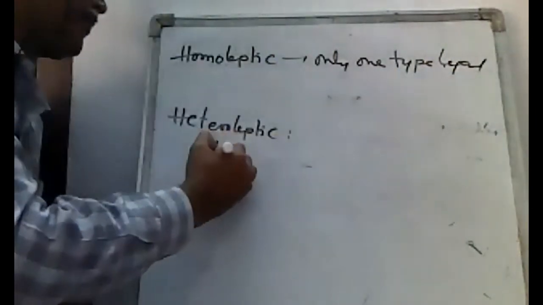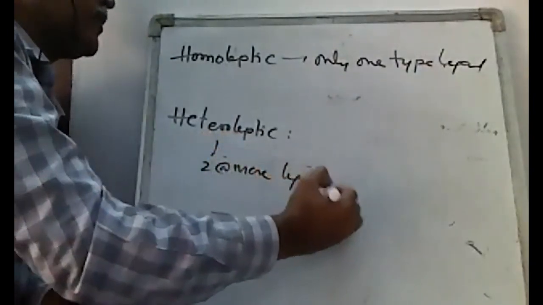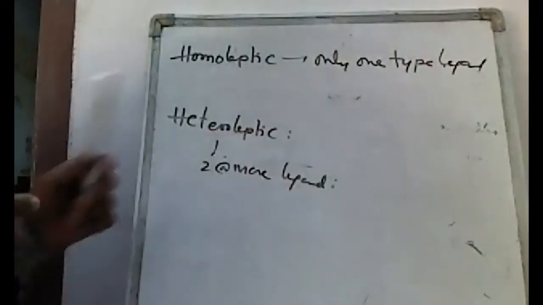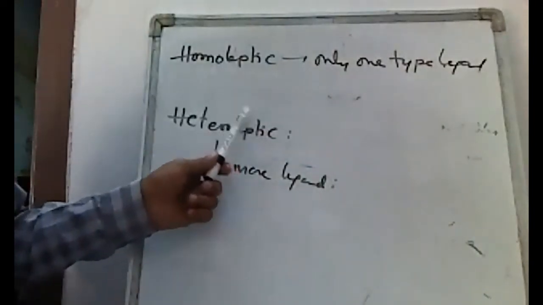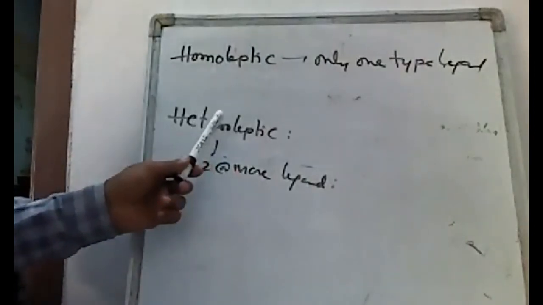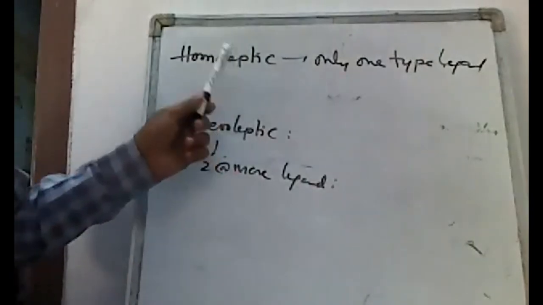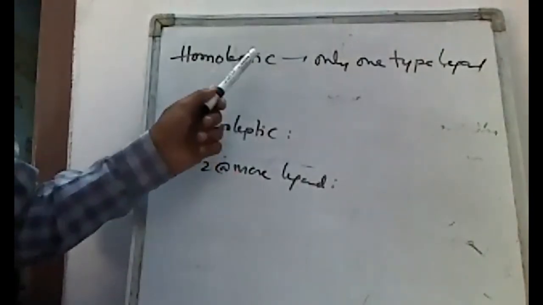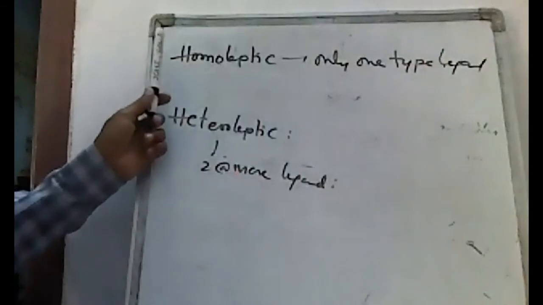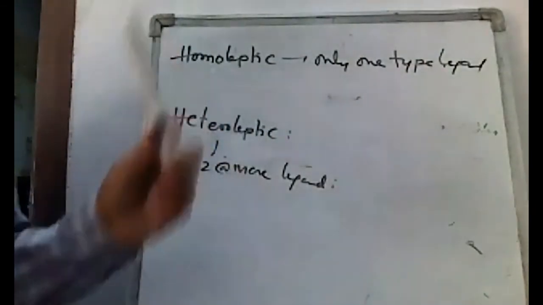If two or more different ligands are bound to the central atom, we call it a heteroleptic complex compound.